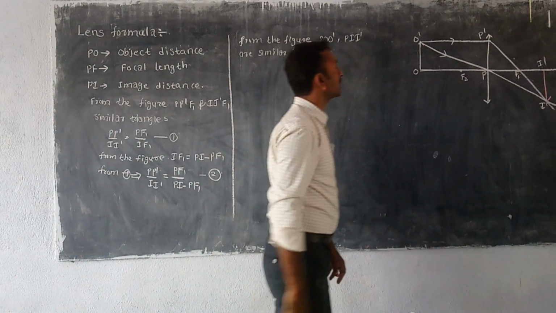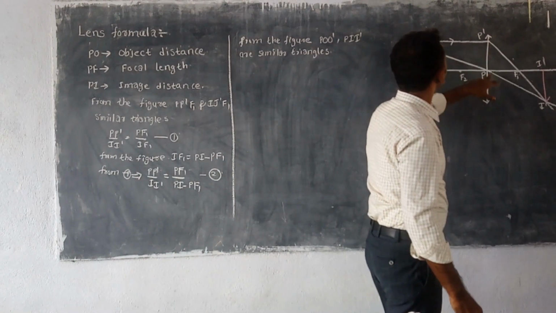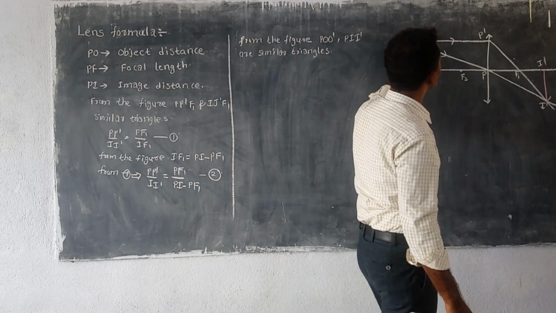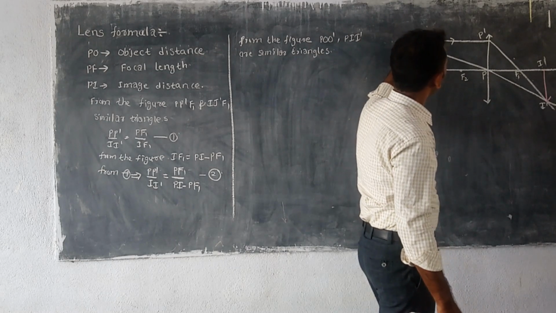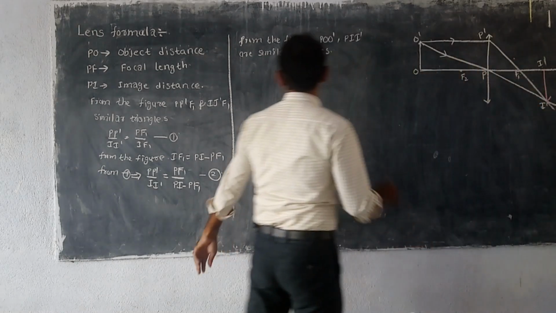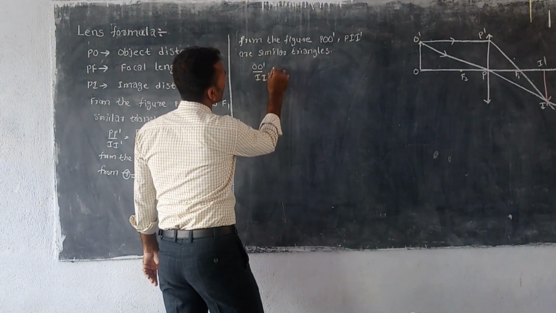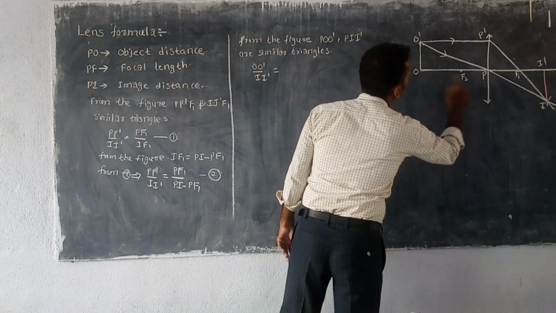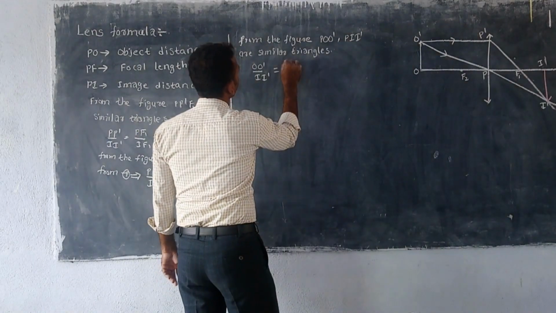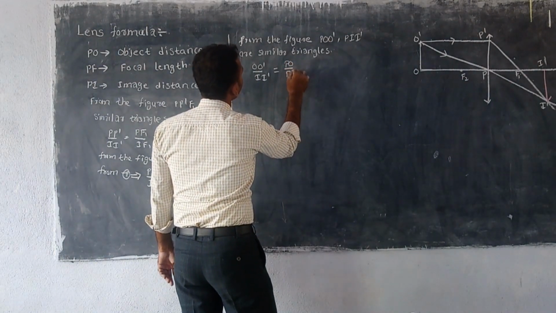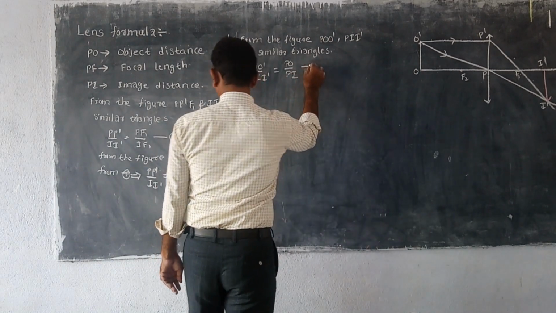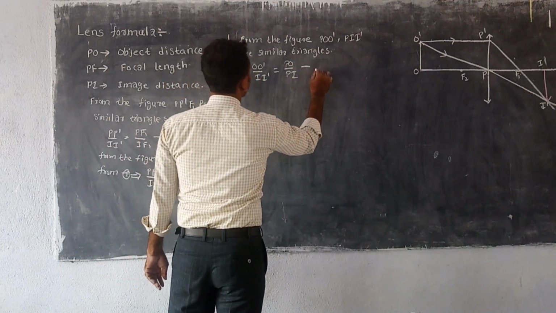And we can write the ratio O dash by I dash equals PO by PI. This is equation 3.